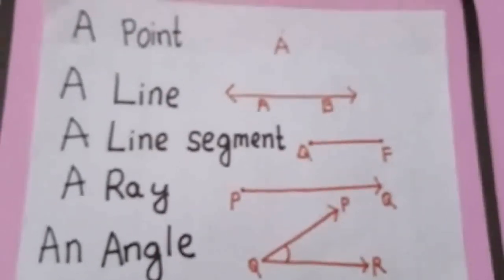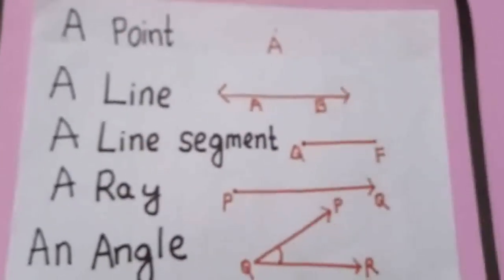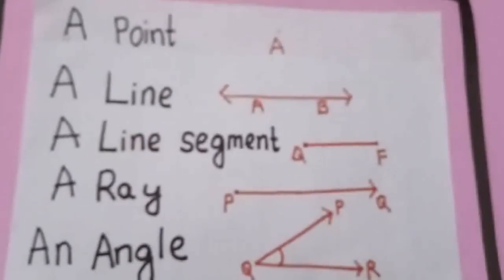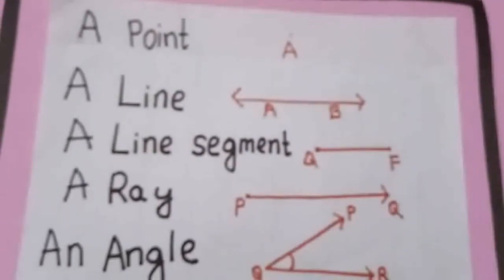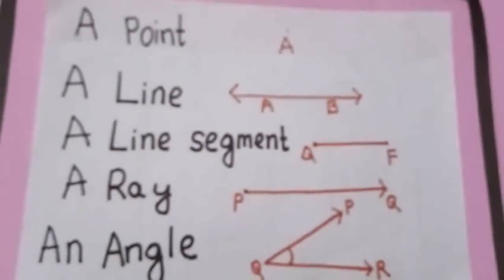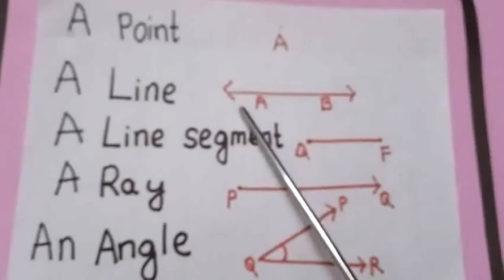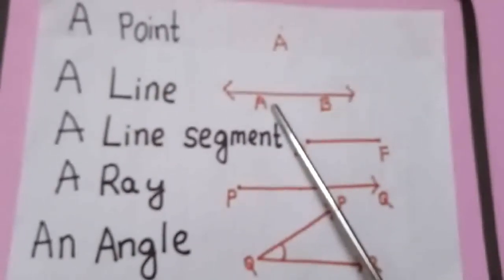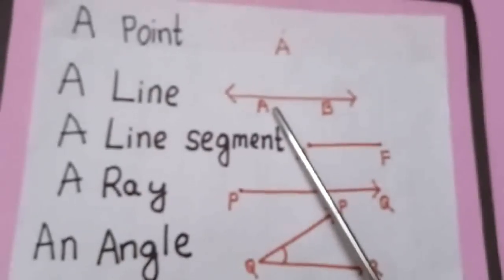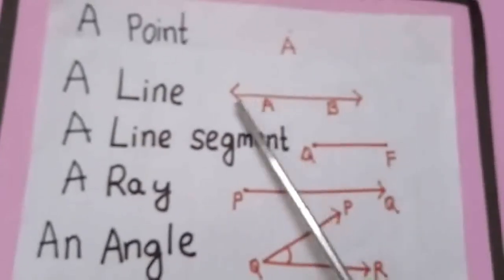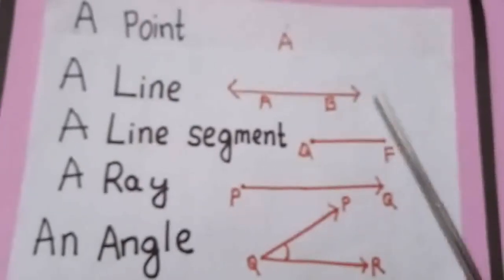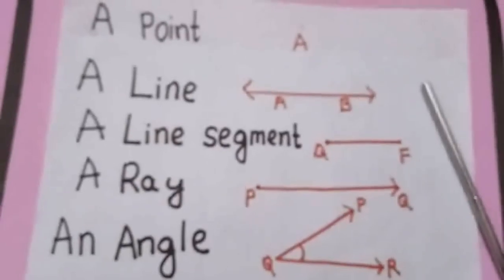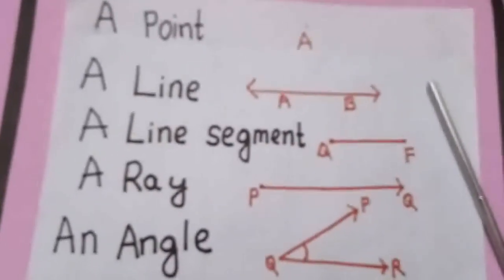Today we have learned about a point. A small dot of a sharpened pencil is called a point. Then a line, a set of points, a straight line or curved path is called a line. Here AB is a line. A line has no starting point and no ending point.